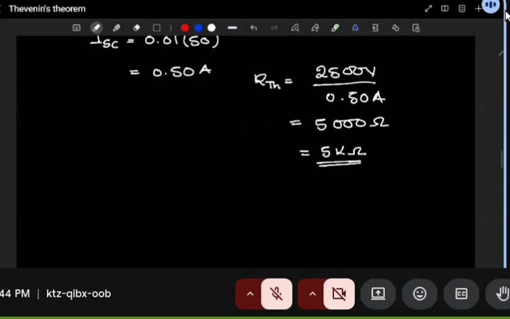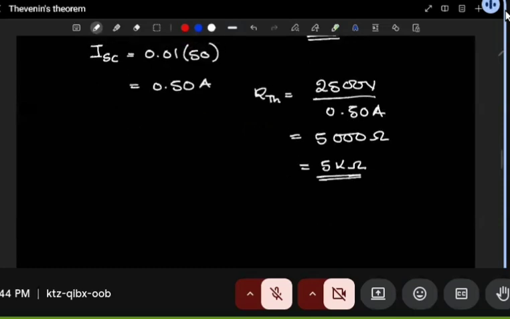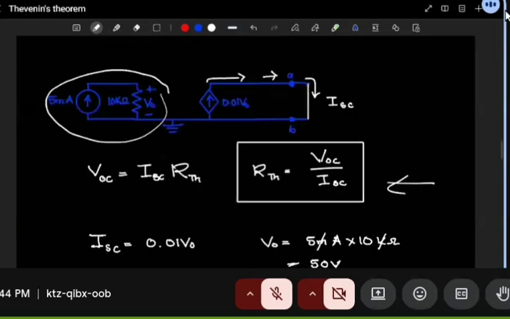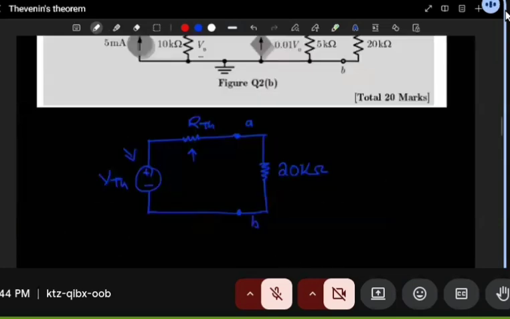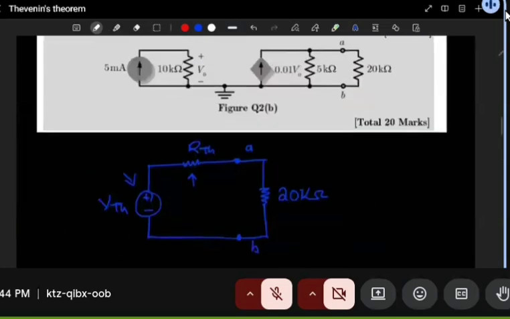Once that is done, since we now have R Thevenin and V Thevenin, we go back and complete our Thevenin's equivalent circuit, or you can redraw it. So for R Thevenin, we have found 5 kilo ohms.